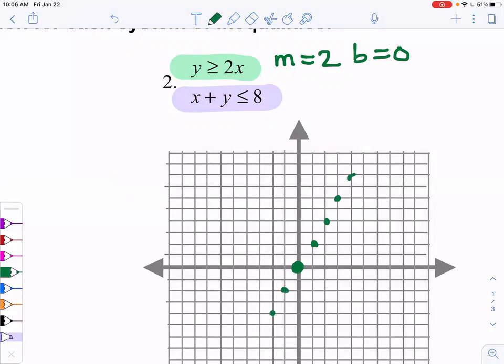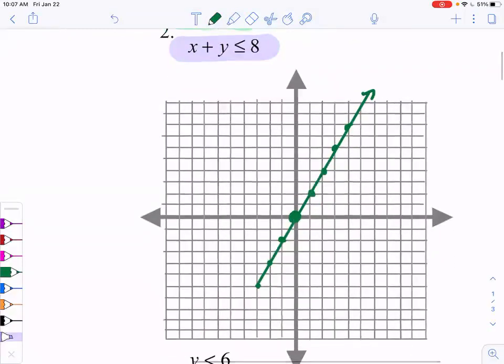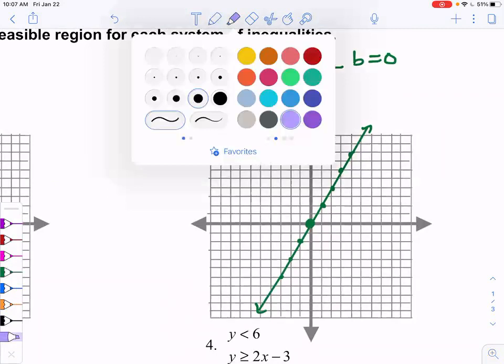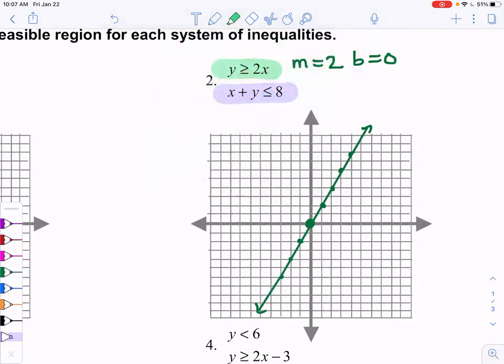Anytime it doesn't have that extra number added to it, the y-intercept is 0. Then you move up 2, over 1, and connect your points with a line. Greater than means above, so I'm going anywhere above the line.